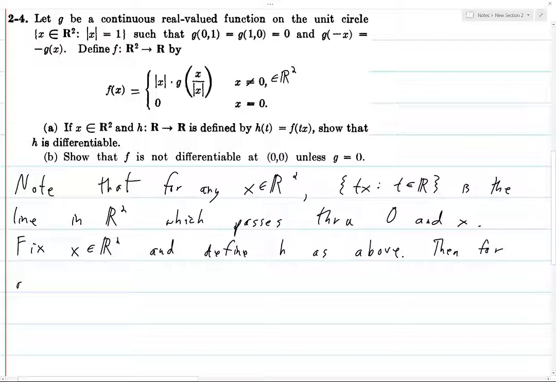Then for any scalar, say a, we have h(at) equals, and I want to bring the a out, because if we can bring this a out front here, then we have linearity.